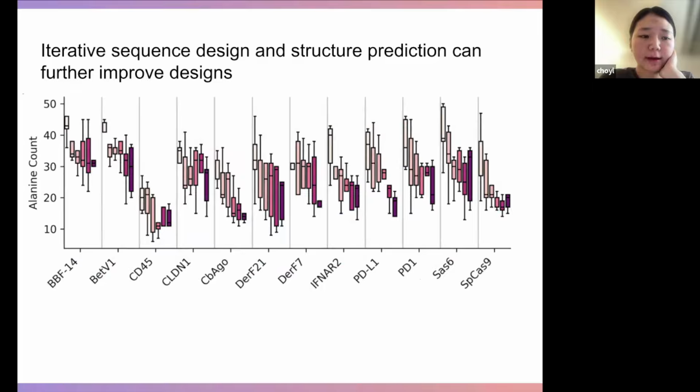So if you get the first sequence from the first structure that is all from X repeats, all of the designs have a high alanine content, because in this Boltz model, you use the same backbone atoms as alanine for X. So it has a C alpha, an O, and the C beta. So if you redesign everything with the inverse folding model, it thinks, oh, maybe those residues are just alanine. So it just puts alanine on the residues. So many of them have a really high alanine content, but if you repeat this process, you can actually decrease the alanine content to make your designs have a higher specificity by having more different side chains.